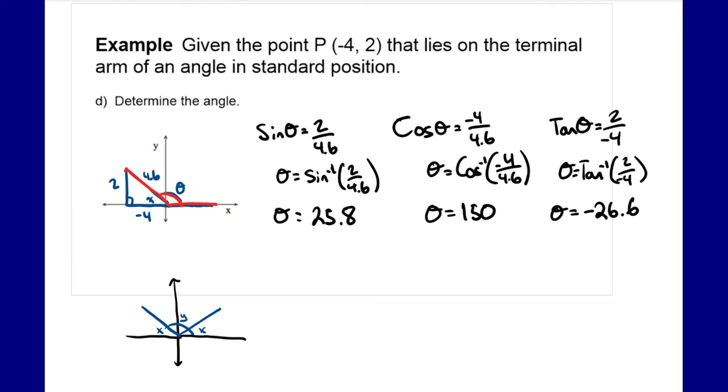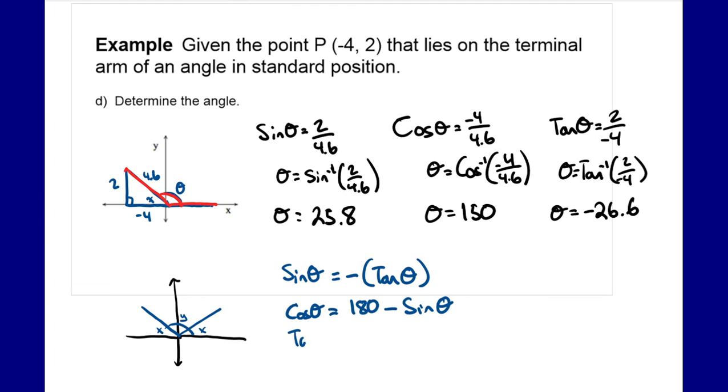Part of it came from the fact that when we square rooted 20, we rounded our answer. So technically, sine theta should equal negative tan theta when the point lies on the opposite side, and cosine theta will equal 180 minus sine theta.